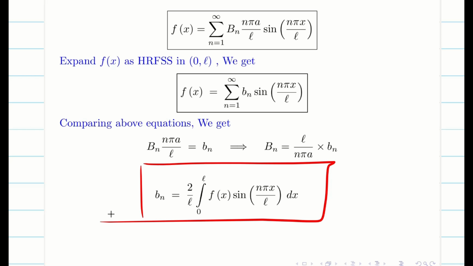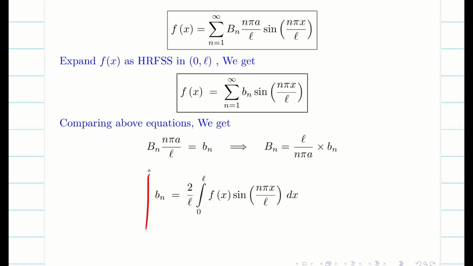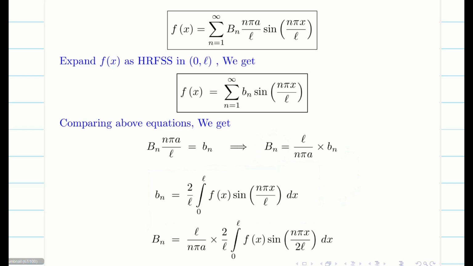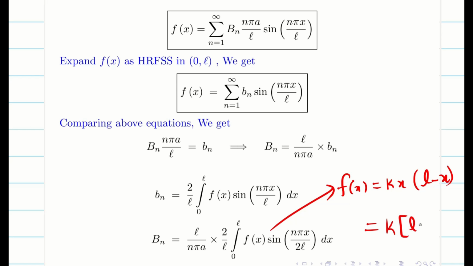Now let us find bn, and then we can find capital Bn easily. Therefore, small bn is represented as follows. But I need capital Bn. Substitute here, and we'll get capital Bn directly. We know that our f of x is kx(L minus x). It is tough for integration, so I'm taking it as k into (Lx minus x square).